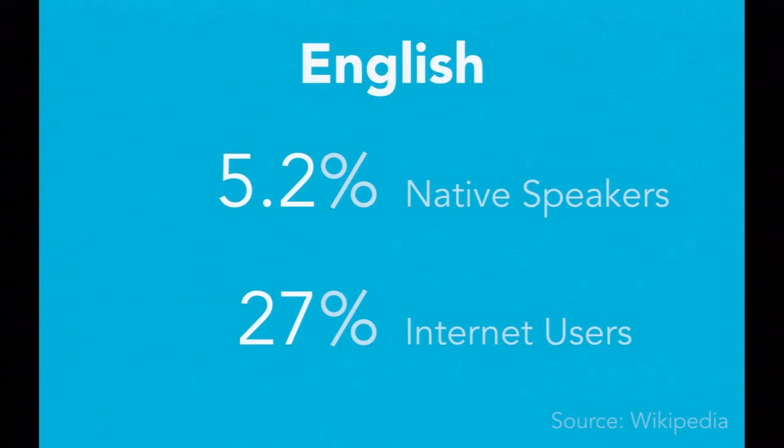But if we look at what's going on in the world with languages, English isn't really that popular amongst native speakers. Reading, writing and speaking, 5.2% are native speakers, so English is their first language. If you look at internet users, we see that this percentage is a lot higher.